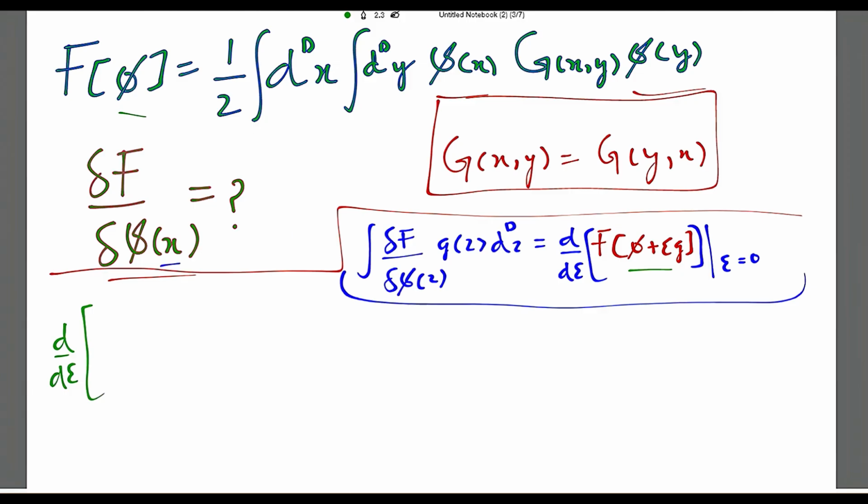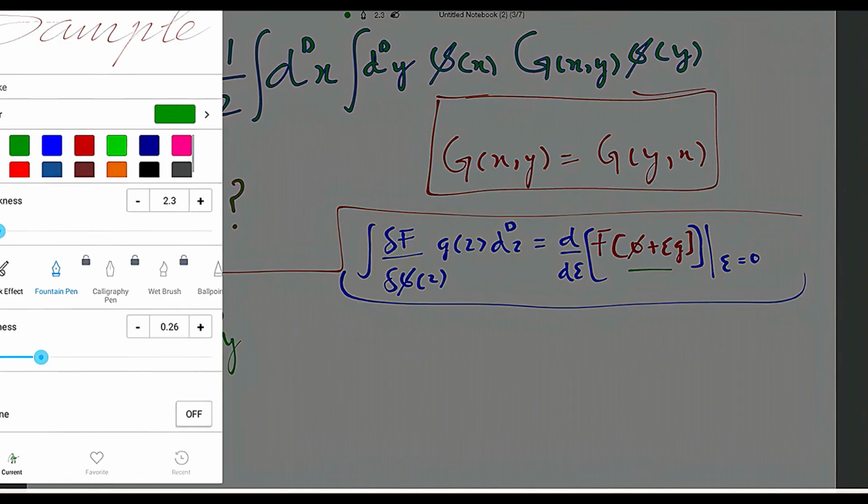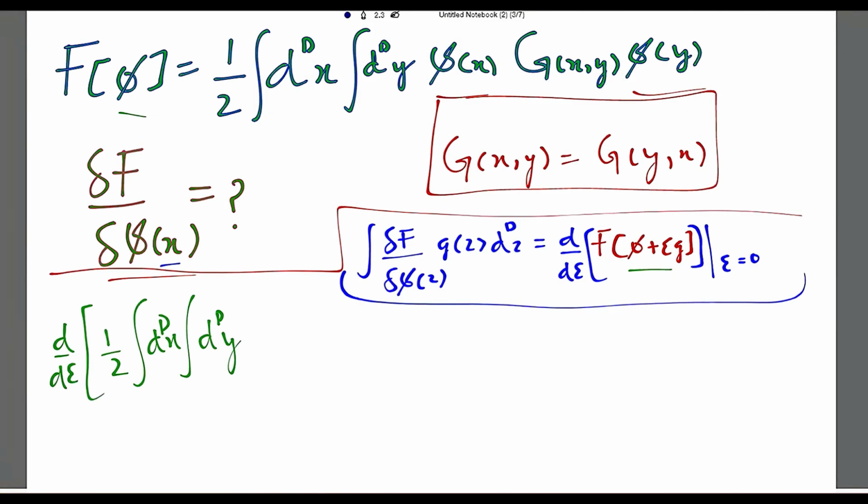We need to have phi plus epsilon g, so we'll simply replace phi wherever it appears by phi plus epsilon g. Okay, so let's do that. We have one half, then we have the integral d^d x, then d^d y.